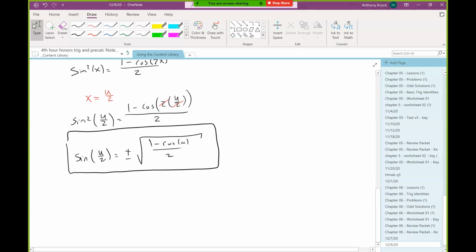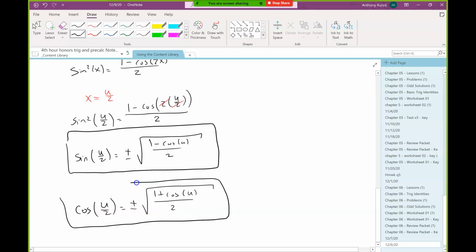I'm going to skip the derivations for the other two because they're quite similar, and I don't think there's any added insight to be gained by doing those. So I'm just going to write them down. Here's the cosine one.